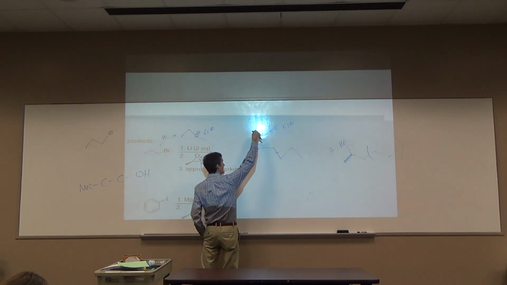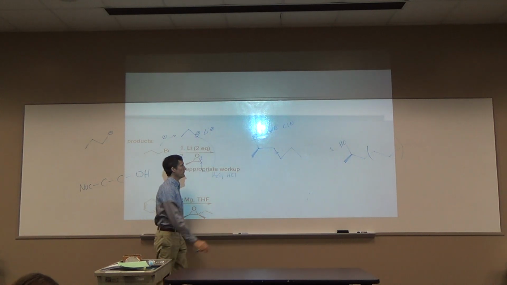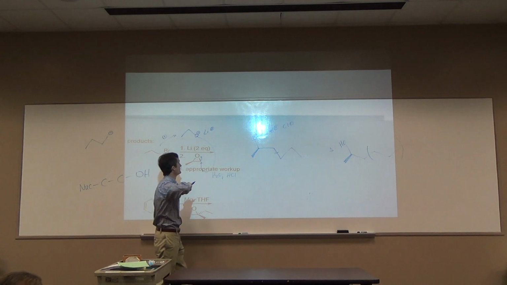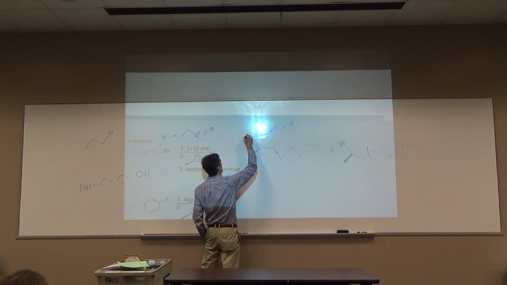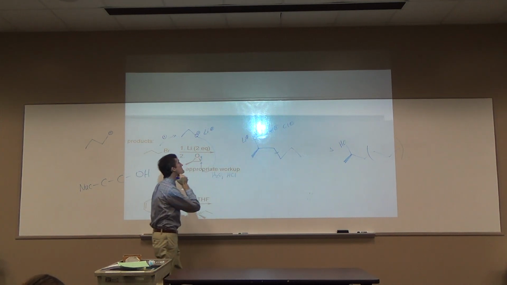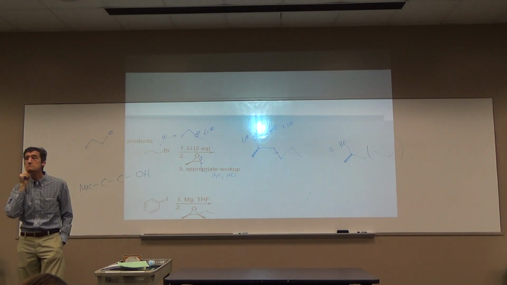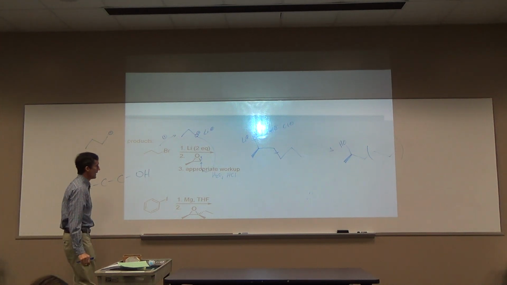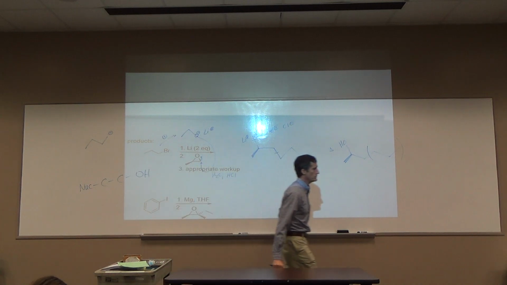Back here, when this is minus, there's always got to be a positive. What would be the positive sitting with this? That would be lithium, right? Okay, let me show the product of the one below.